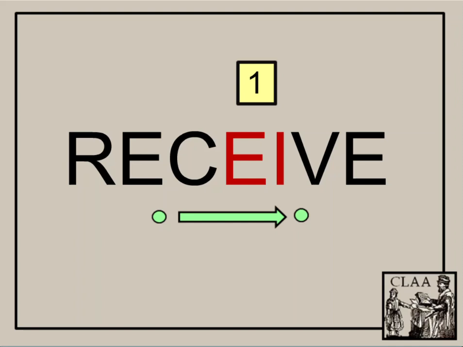The digraph EI in this word has the same sound as the digraph IE in the words we've just read. It's pronounced E. Let's read this word together. Receive, receive.